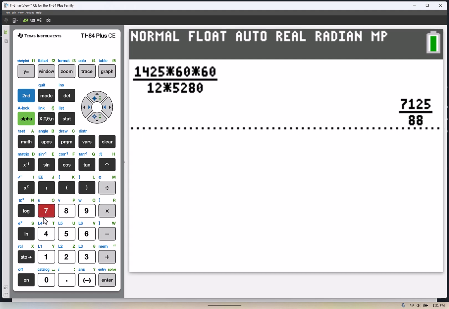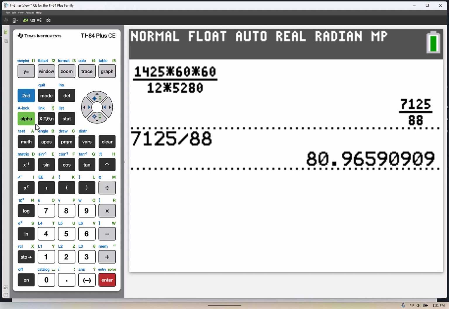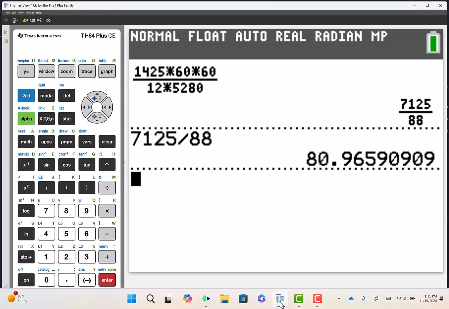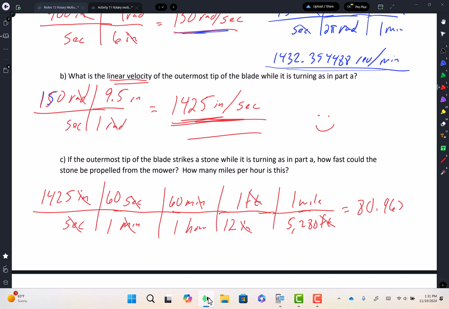Now what? Just type it in again like this. You can also tell the calculator to give it to you in decimal by going to the mode, but this is good enough. And look, 80.9659. What are my units? Miles per hour. Is that pretty fast?